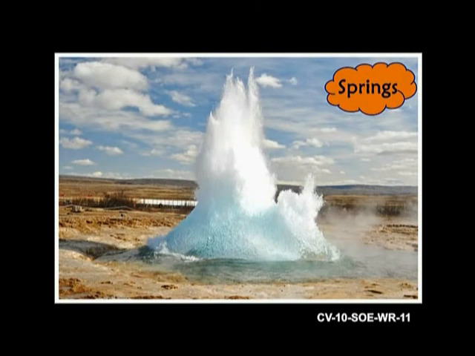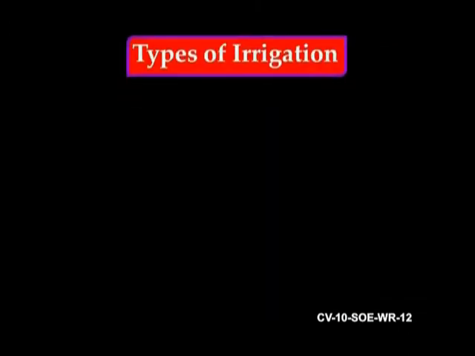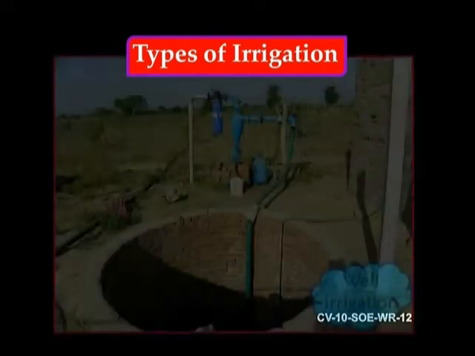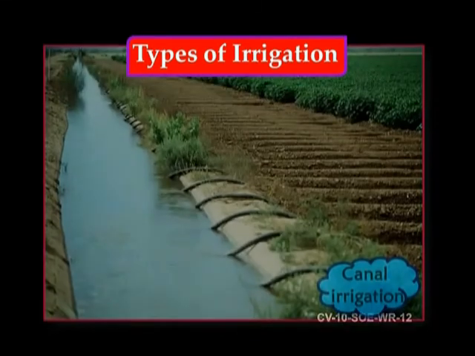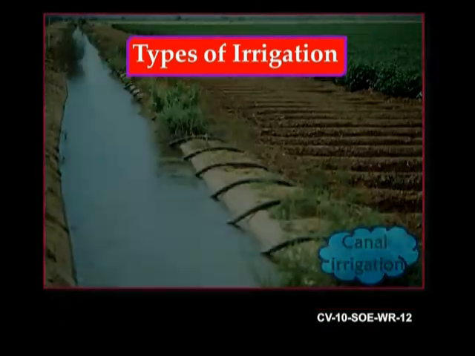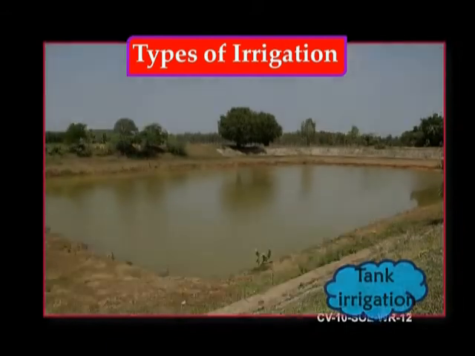Wells and springs are groundwater resources. Based on the source of irrigation, it can be divided into three categories. 1. Well irrigation. 2. Canal irrigation. 3. Tank irrigation.